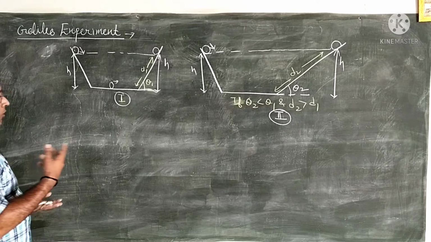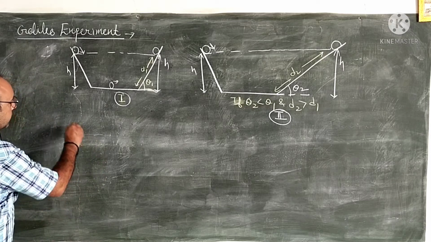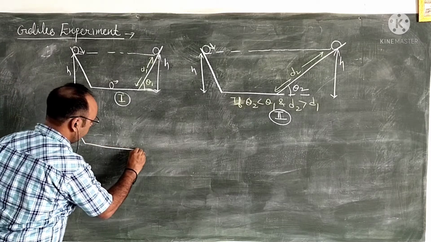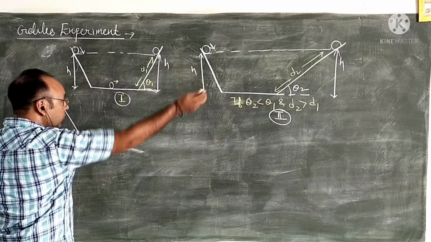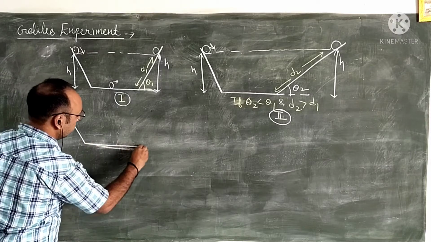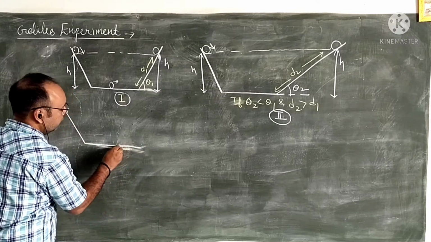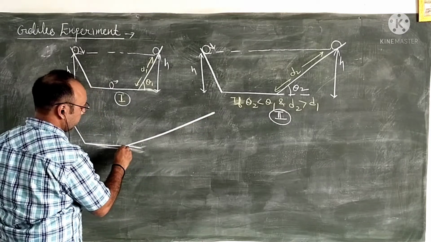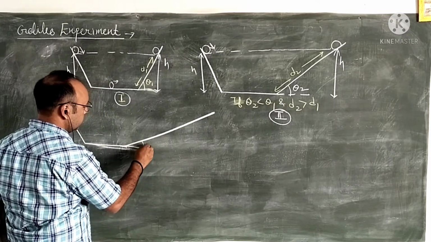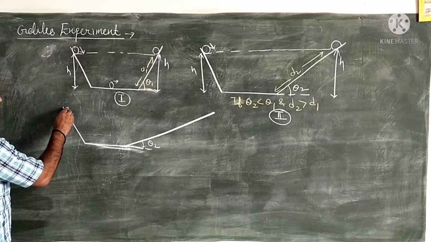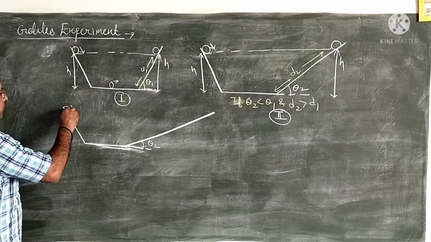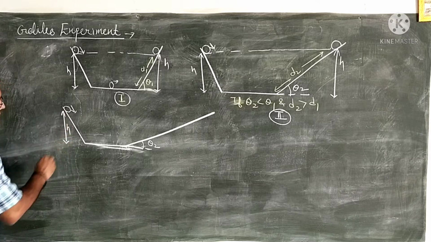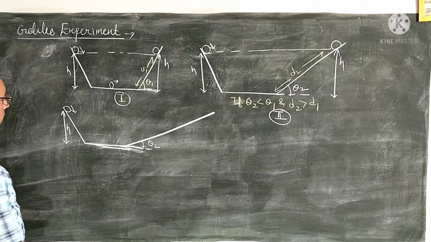Now he did one more case in which he again used the same ball, released from the same height, and reduced the angle theta 2 further, like this. Now the ball was released from this point, again at the same height h from the ground.